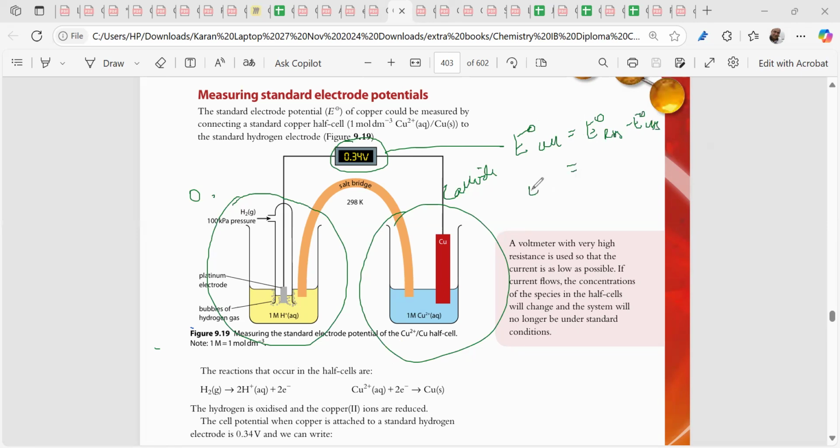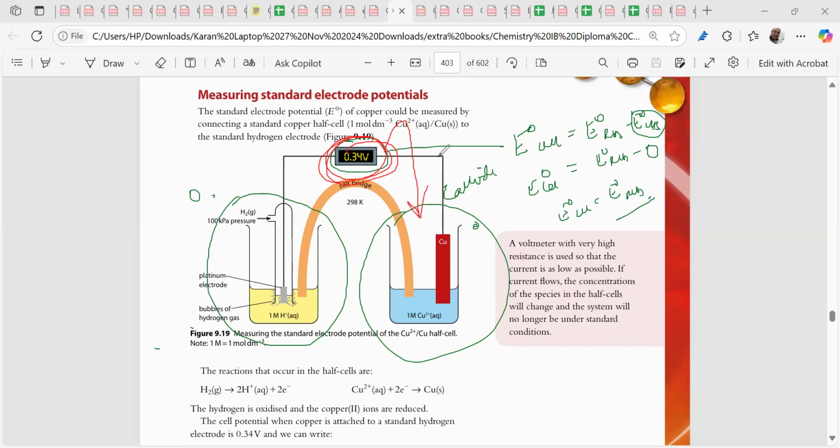The left hand side cell will be 0, as Tiara said. So E cell will actually be equal to E right hand side. Is it clear? So whatever value you are getting over here is actually this electrode potential.